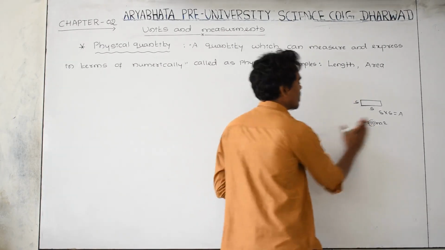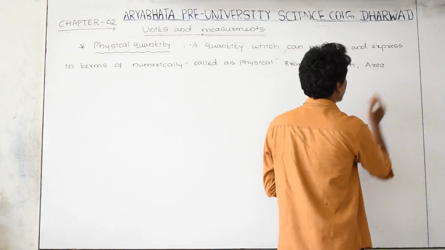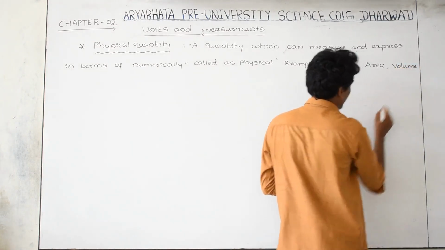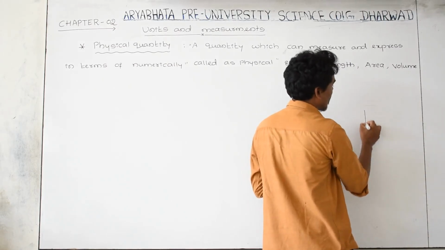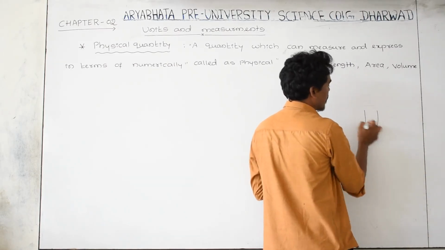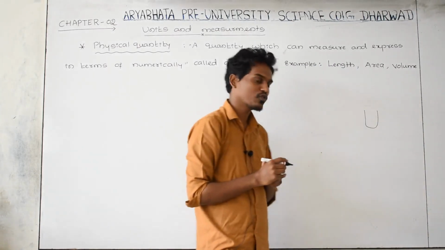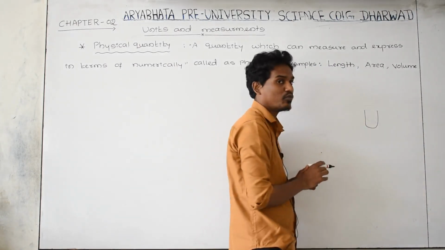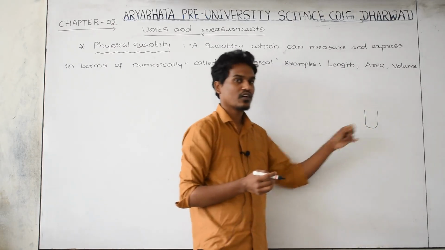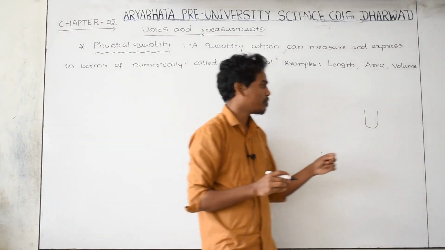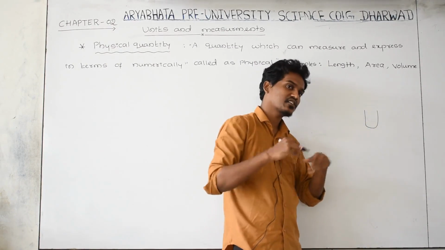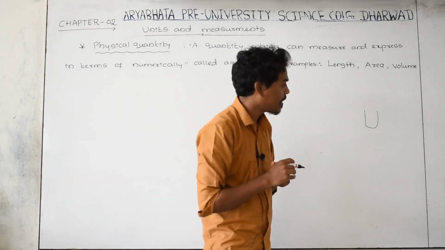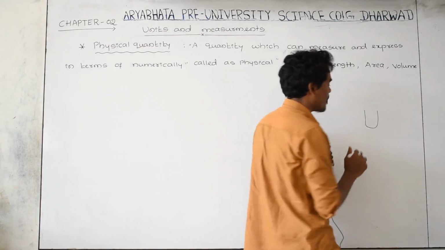Area. And take another example, that is volume of the body. For example, here one glass is there. Its volume can be measured. Yes, it is possible to measure the space present inside here. That is volume: how much space the object is providing for occupying matter.